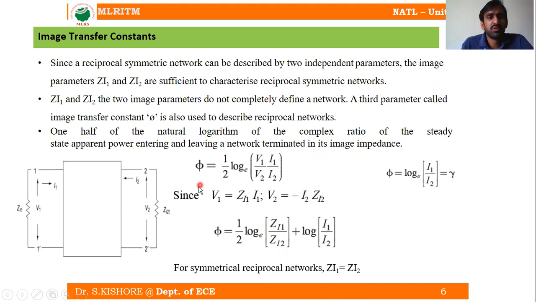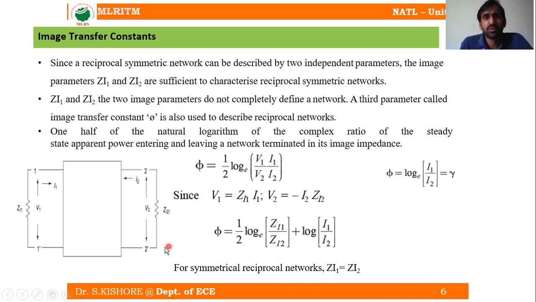Phi is the image transfer constant if we consider the network as unsymmetrical. If the network is symmetrical, the same constant is represented using gamma, the propagation constant. We will discuss the propagation constant and the characteristic impedances when we analyze transmission lines in detail in the upcoming chapters.